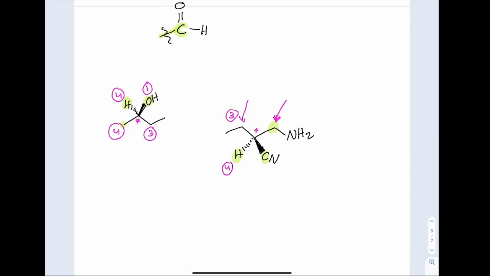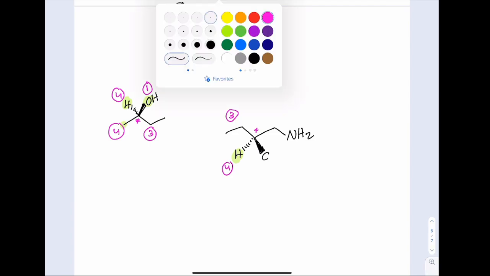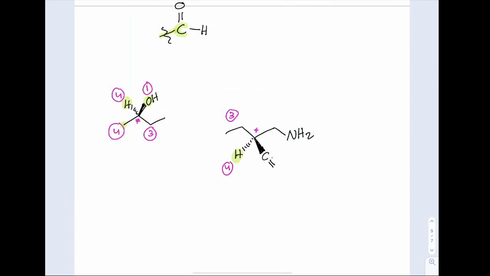The reason I know that I'm putting that to number 3 is that this carbon is also bonded to a nitrogen. So this is where you have to know what the structure of cyanide looks like. There's actually a triple bond between the carbon and the nitrogen in cyanide. And then there's a lone pair on that nitrogen, but there's a triple bond there.